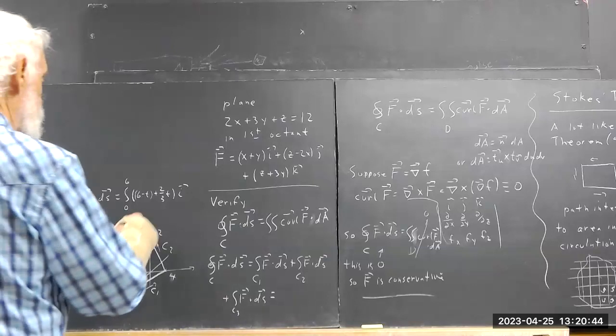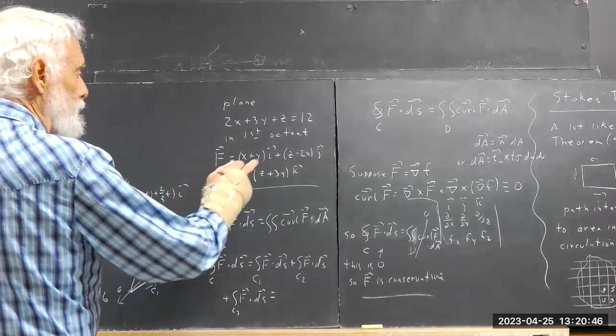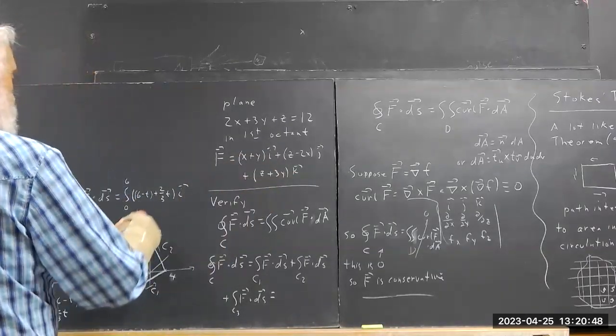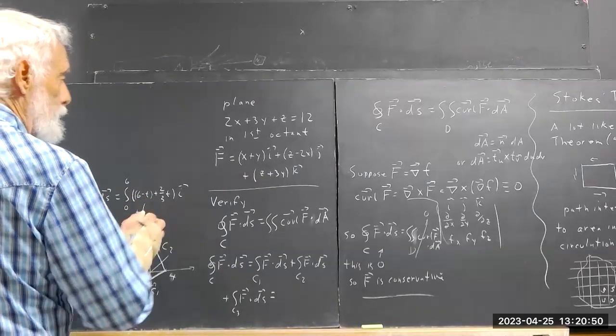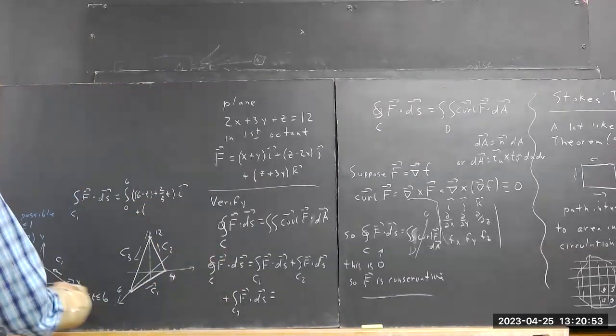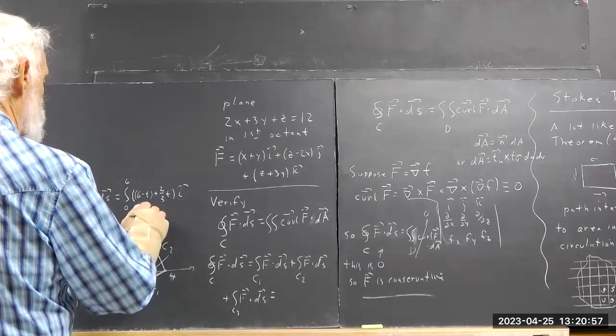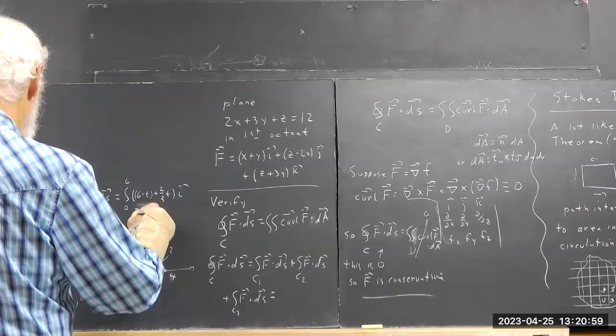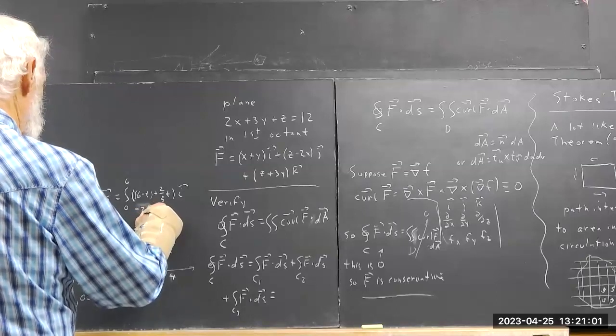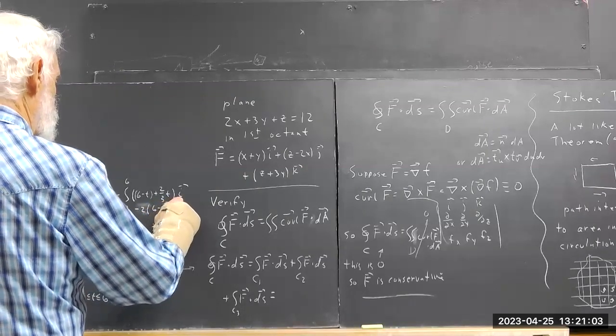Then it's going to be plus z minus 2x times j. Well, z is 0, 2x is going to be 2 times 6 minus t, j.